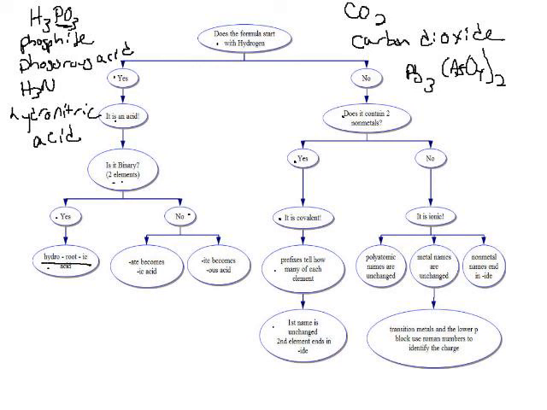The answer to that is no. So we have an ionic compound, so now we have to look at it as polyatomic names are unchanged, metal names are unchanged, with the exception that if they're that large group that we covered, we're going to use Roman numerals to tell us what the charges are. And if we ended in nonmetal, we would change that ending to ide, just like we do in our covalent compounds. So Pb is lead. We're going to need to write the charge for that, so I'm going to come back to that. AsO4 is arsenate.